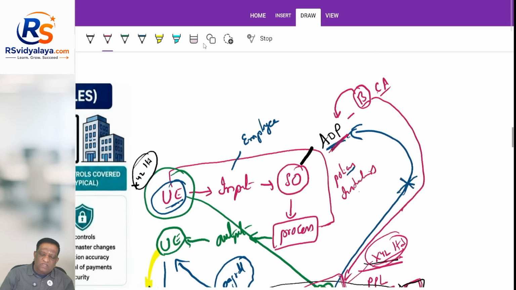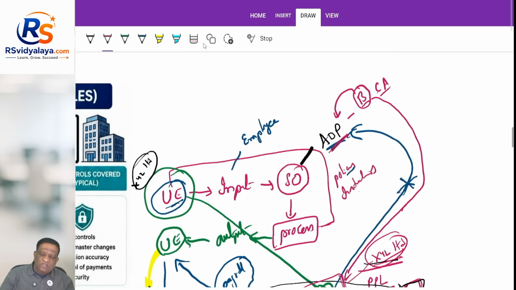So, if it is a CA firm, then B, who is reviewing the controls here on behalf of A, because he is also a chartered accountant and an independent person, is reviewing at ADP and then sharing that report. So, B, who is independent, is giving a report, not directly to A, of course.